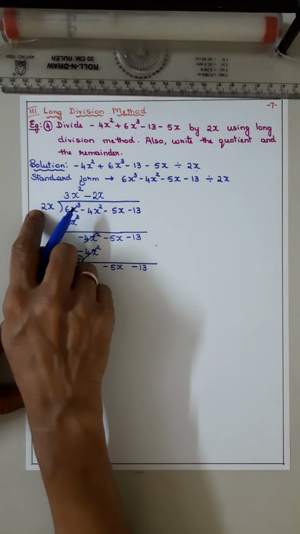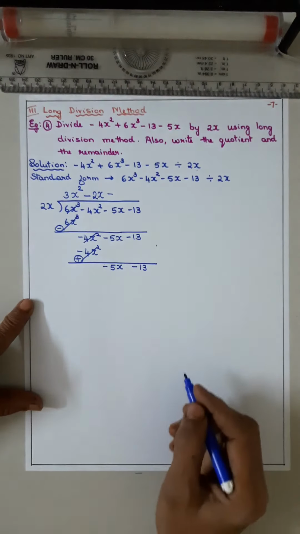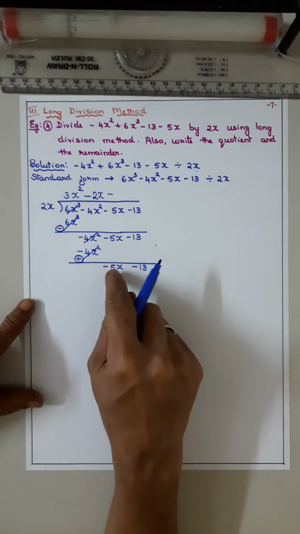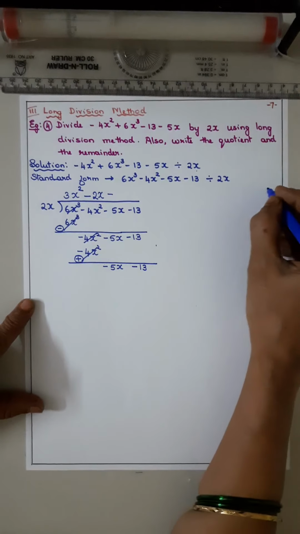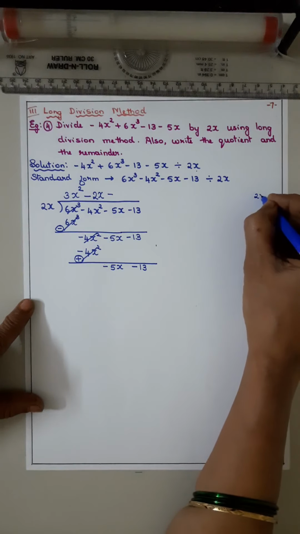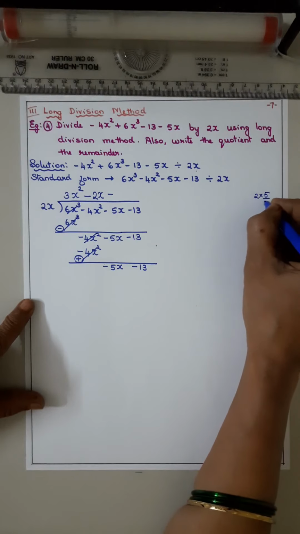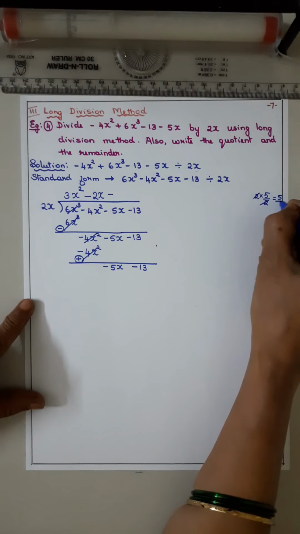Now here it is plus, here it is minus, so minus. Now 2 times how much is 5? 2 into how much is 5? 5 by 2. The 2 gets cancelled, the answer is 5.